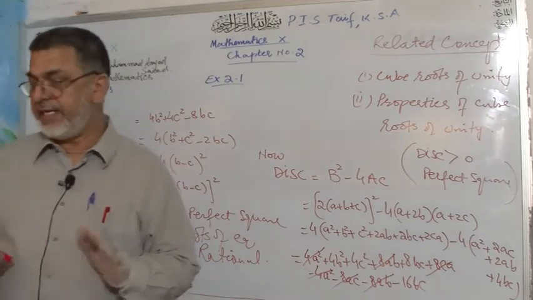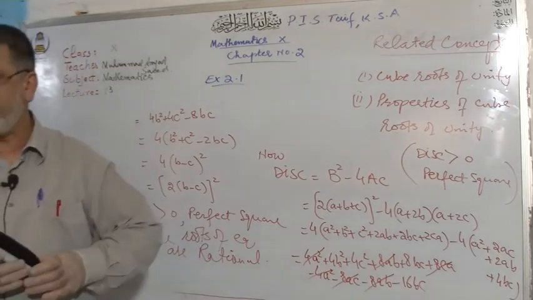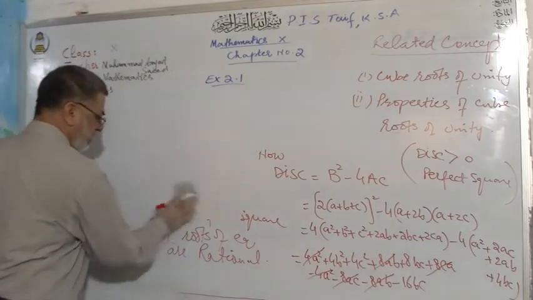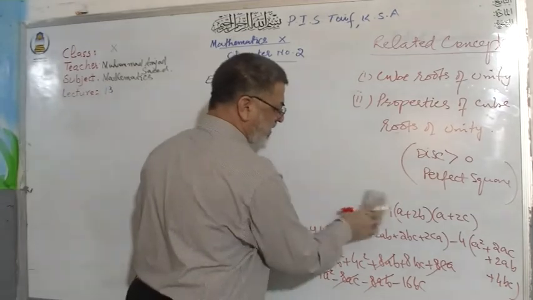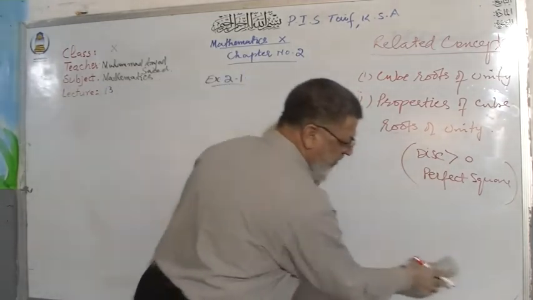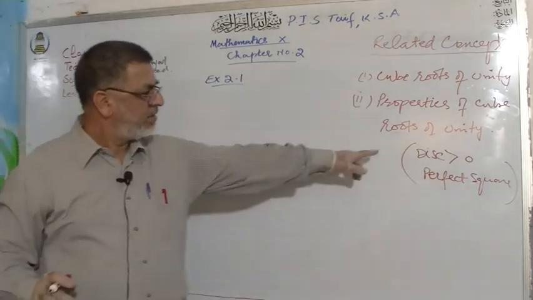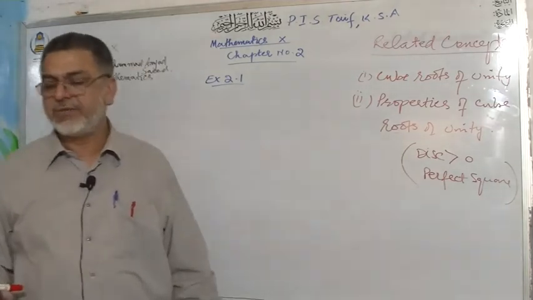Question number 9 and 10 are exactly similar, so I think it is better to solve question number 9. From question number 9, you will get the idea about question number 10. Remember that this condition will remain the same for this question also.